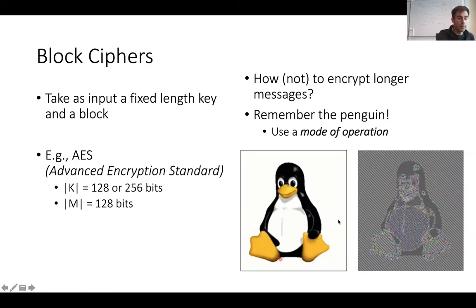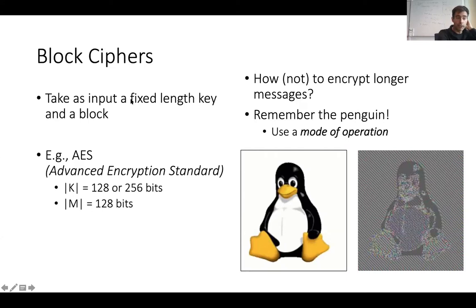So if you encrypt the penguin using a block cipher block by block, you will encrypt the first white block and you will get this. You will encrypt the second white block and you will get this. The output will be the same. So all the structure in the plaintext will be carried over to the ciphertext. And this is really bad, as you can again see from the penguin.